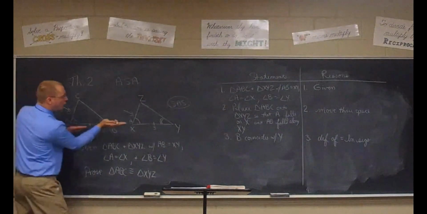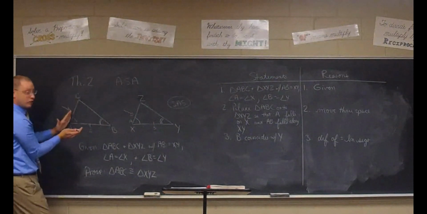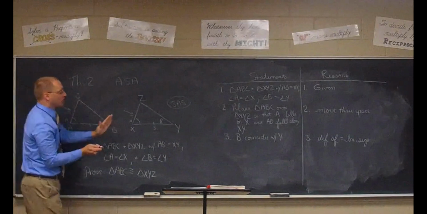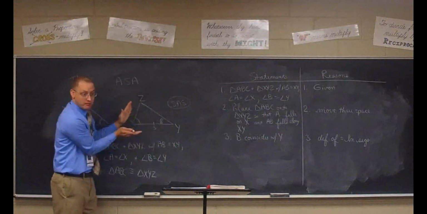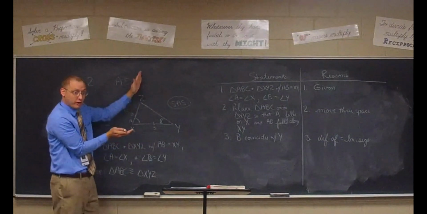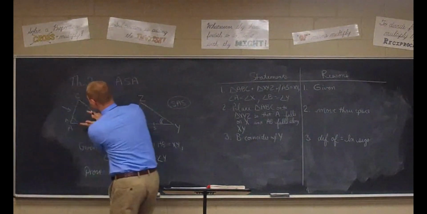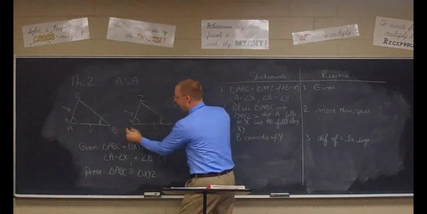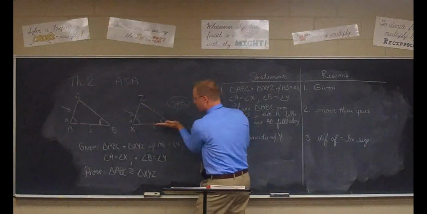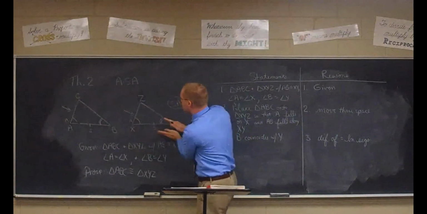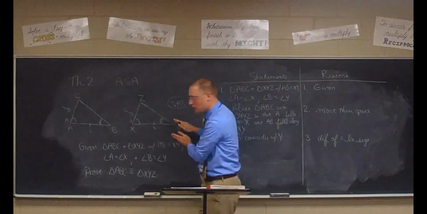So since AB already coincides with XY, this side, I don't know how long it is, has to line up with this side that I don't know how long it is. But the sides have to lie on top of each other to some extent, correct? They have to follow along each other. Similarly, since this angle equals this one, and this point now coincides here, and this line now falls along here, then BC must fall along YZ somewhere, correct?